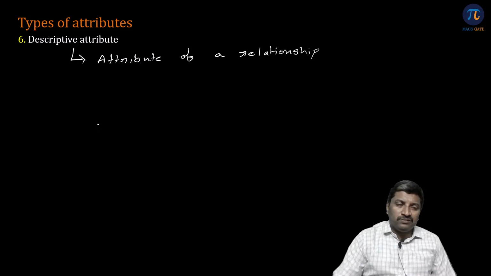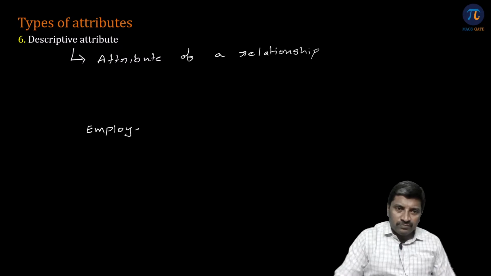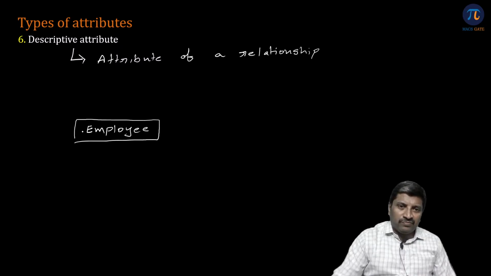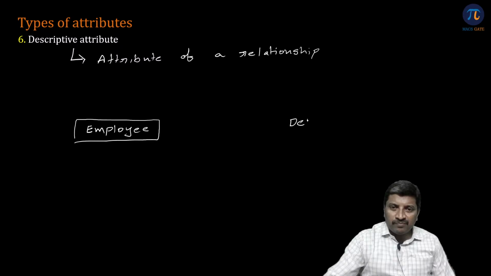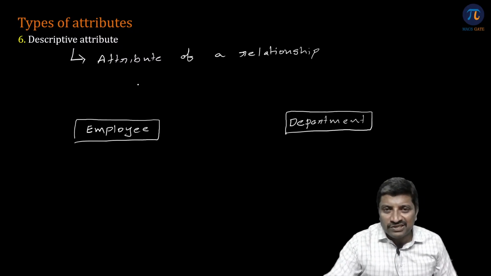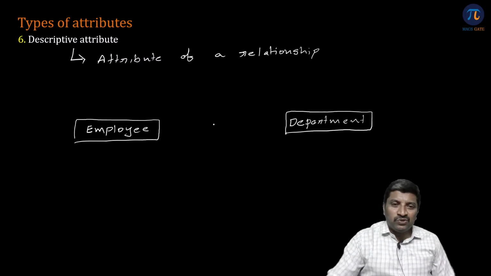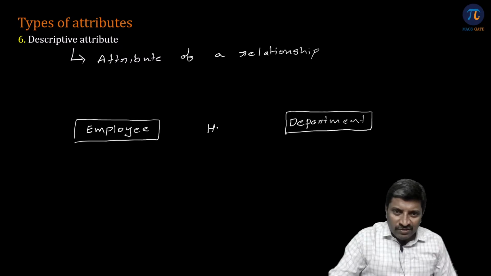For example, let us consider that I have employee and department. Most of the examples we are considering are with respect to study only. So head of the department is my relationship.